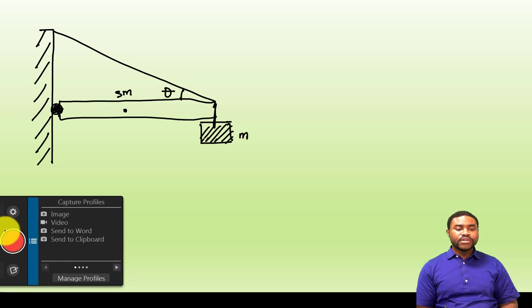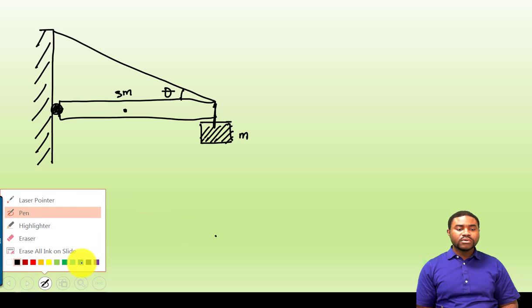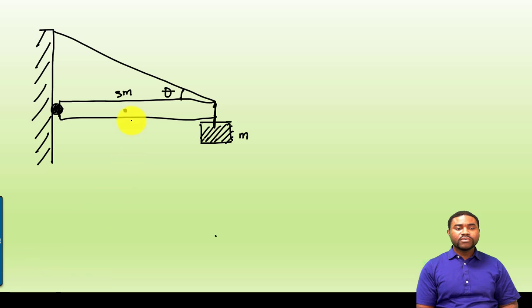Now we start first by doing our free body diagram. This is 3mg. You have the tension T in the string.